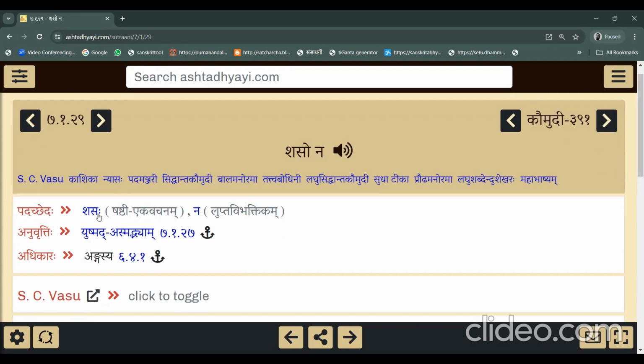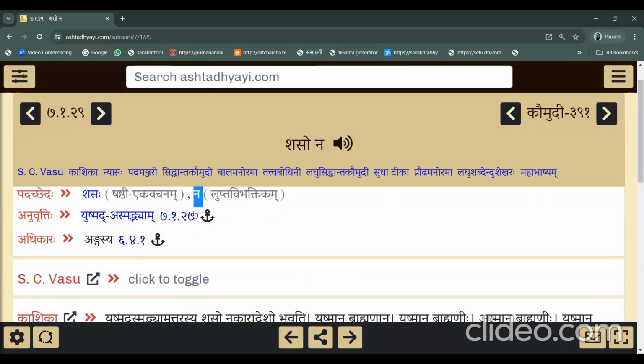So Yushmadasmadbhyam is Panchami, and Shasaha is the Sthani, by the Paribhasha Adeh Parasya. Here it is Naha. The content is only Na, Nakara, not Anekal, it is Ekal, only Nakara, not Nakara plus A. The Akara is added for the sake of pronunciation, Uccharanartham. The Vibhakti Pratyaya is not there in the sutra, Shaso Naha, as is Sutra usage like in Veda, Chandasam.